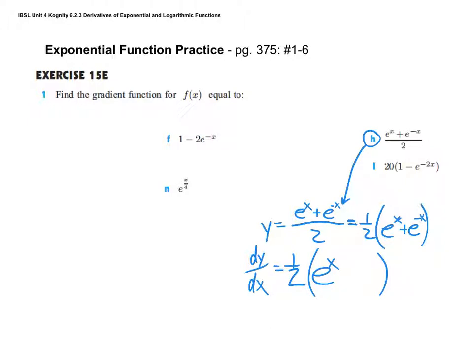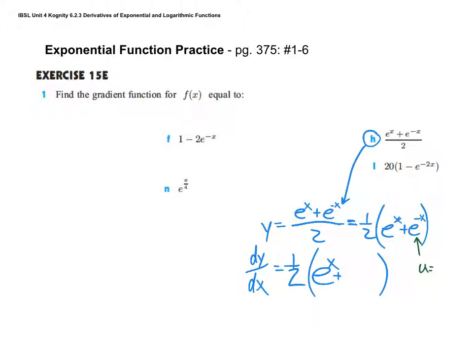And this one we are going to need to use the chain rule for. So watch how this works, okay? For this part, the inner function is what?